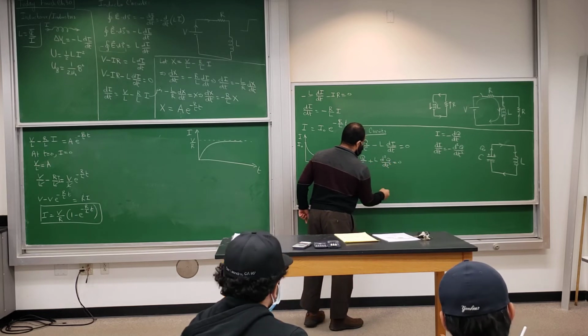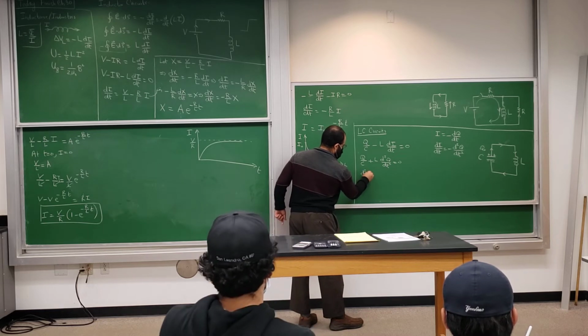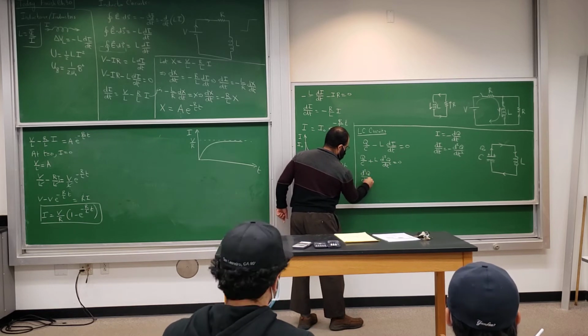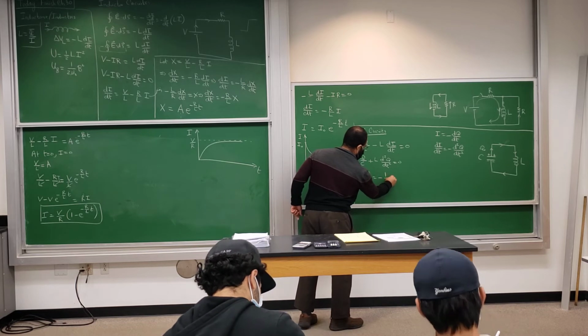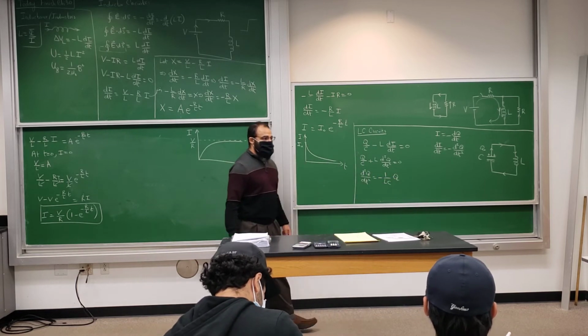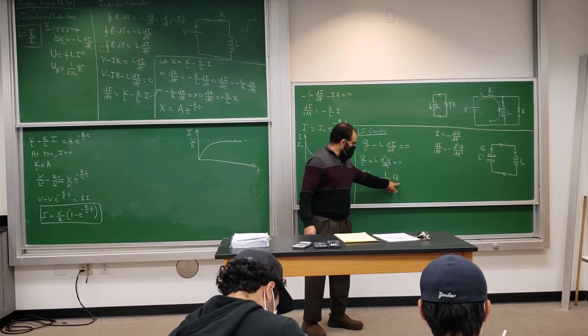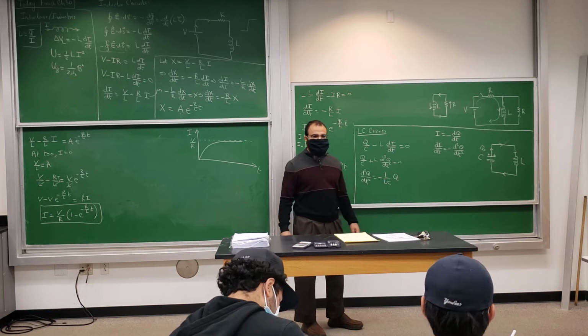Let's put it here. You get q over C minus L di/dt, but di/dt is minus the second derivative of q, and with the minus sign here it becomes plus L d²q/dt² equals 0. Move this to the other side and divide by L, so the second derivative of q with respect to t equals minus 1 over LC times q. Now the second derivative of something equals itself times a constant. What is that?